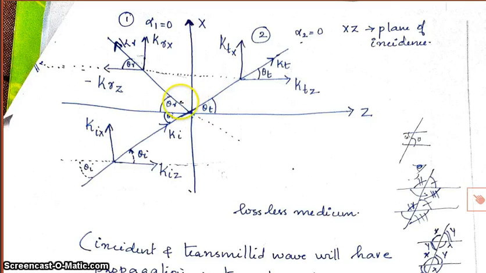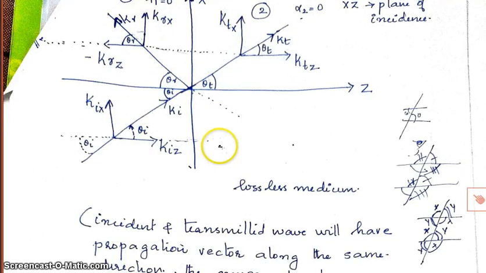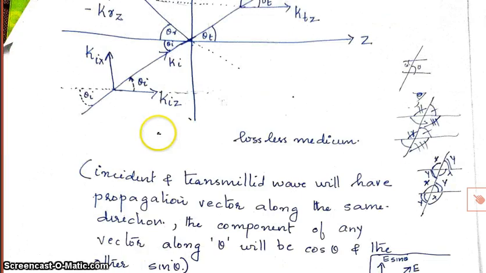Here I have drawn the diagram for parallel polarization. So parallel polarization means components will be parallel to x-axis and z-axis, because here you can see xz is our plane of incidence. Now what I am going to do is, k is our propagation vector. Now I am going to resolve this k into two components.